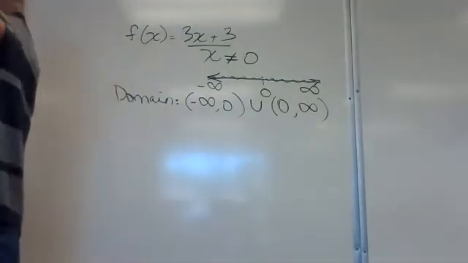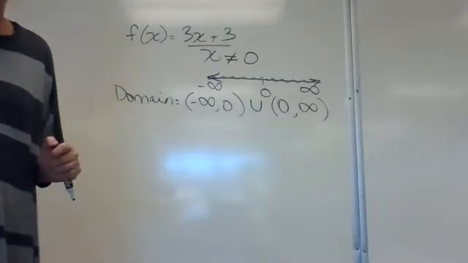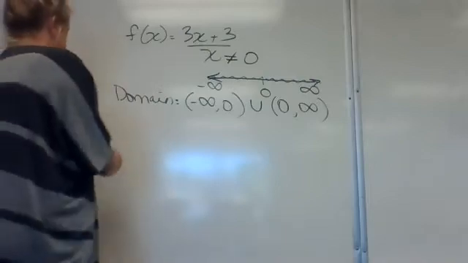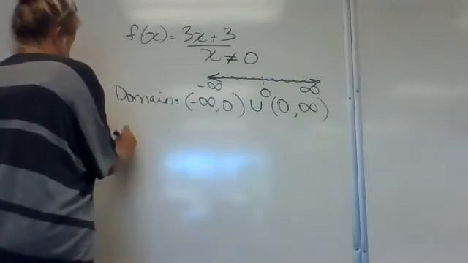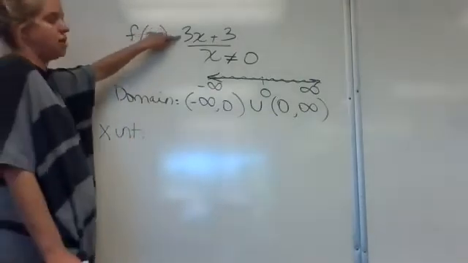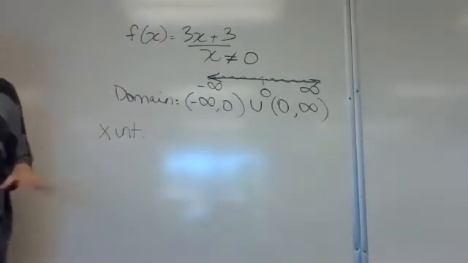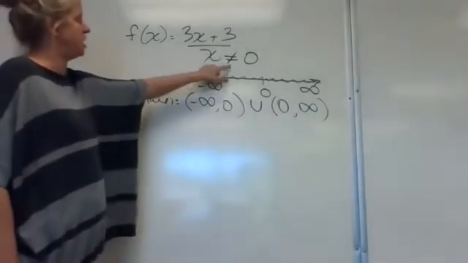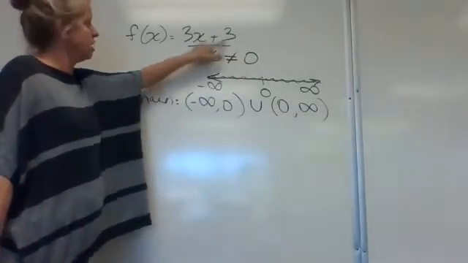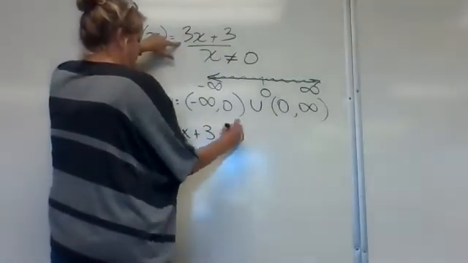Now, instead of doing horizontal and vertical asymptotes, which I'm actually probably going to do to be able to distinguish, it asked me to find the x-intercept. So if you look at your chart or your notes, the x-intercepts come from zeros of the numerator, as long as they're not also zeros of the denominator. Well, I already know the 0 of the denominator is 0. So let's see what the 0 of the numerator is. 3x plus 3.